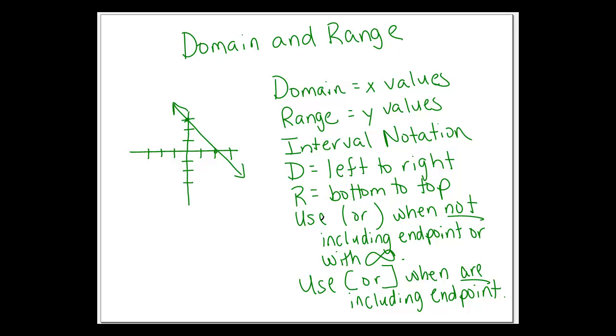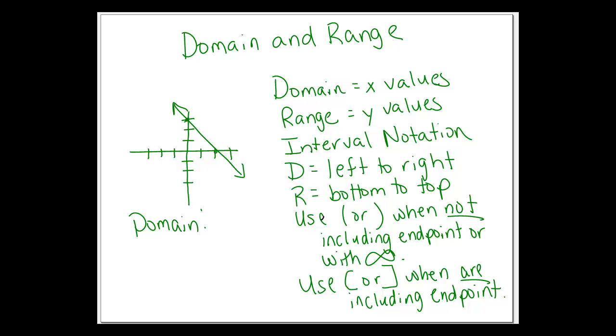Okay, so we're going to take these concepts and we're going to look at a few examples. So let's look at the first one. Notice the graph just looks like a line. So the first thing we're going to do is find the domain. So the domain, remember, we're looking only from left to right. Now these arrows indicate that this graph goes on forever to the left and forever to the right.